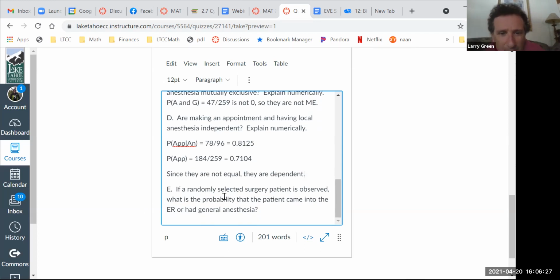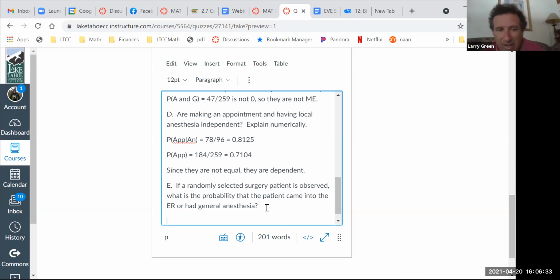Okay, and finally, if a randomly selected surgery patient is observed, what's the probability that the patient came into the ER or had general anesthesia? That's the probability of ER or general. Now we had a little formula, and hopefully you remember that was the probability of ER plus the probability of general, and then minus, how did it go?